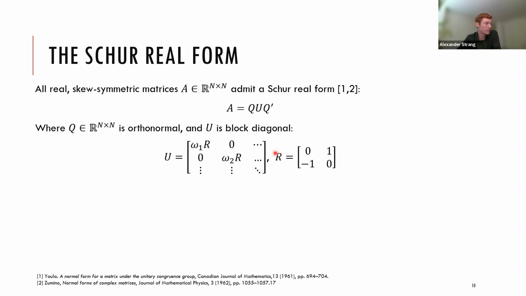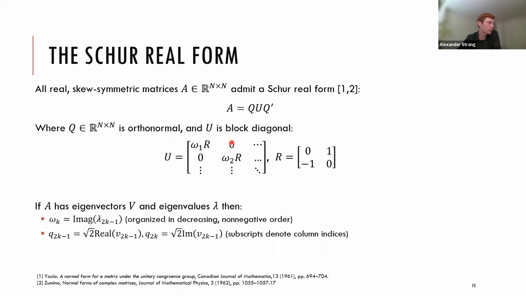And then we weight these diagonal blocks by the magnitudes of the eigenvalues of the original matrix. If you like, you can recover this decomposition directly from the eigenvalue decomposition of the matrix, or actually from the singular value decomposition. It's essentially just a rearrangement or permutation of some of the columns of a singular value decomposition plus an extra negation step.